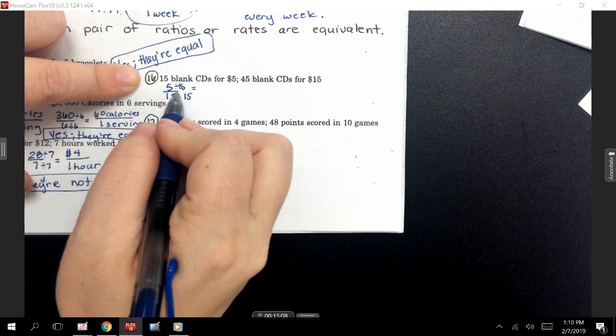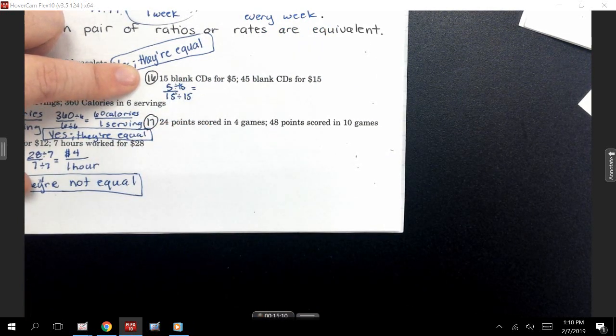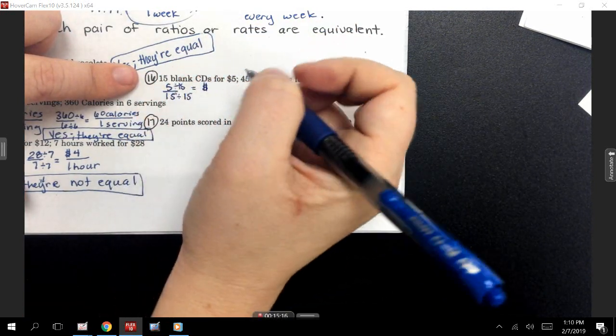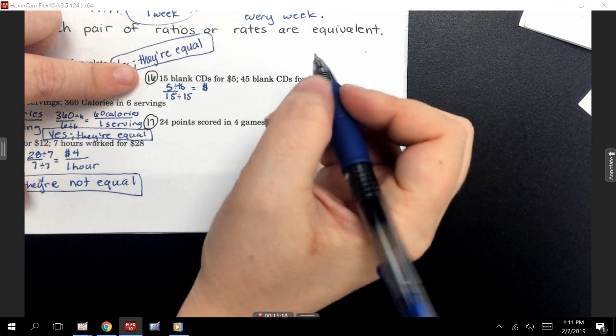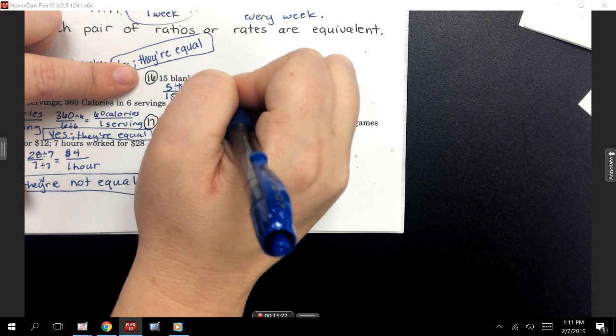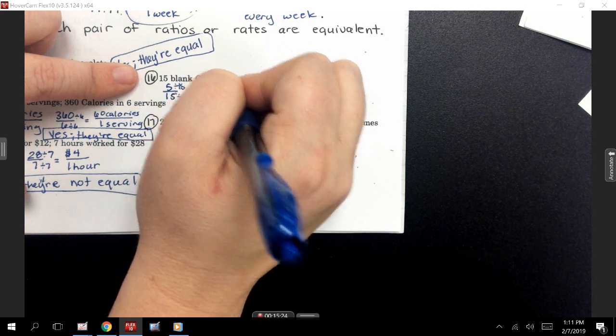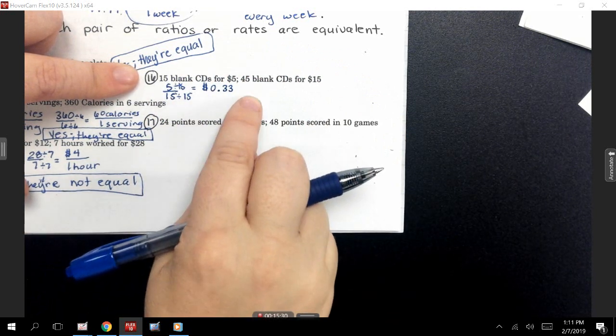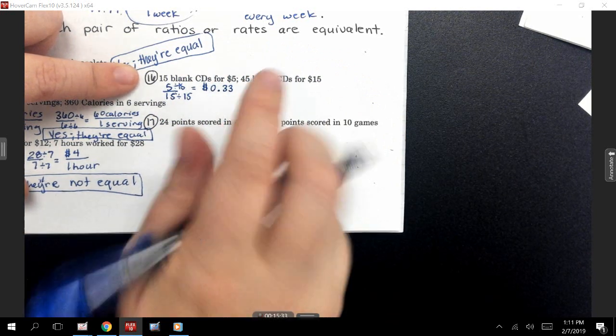Make sure it's 5 divided by 15, though. The calculator would be nice. Omar? 0.3 with a line, but can money have a line? No. So think about it. Would the next 3 round it up or let it stay the same? So we're just going to put 33 cents. Are we okay with that?